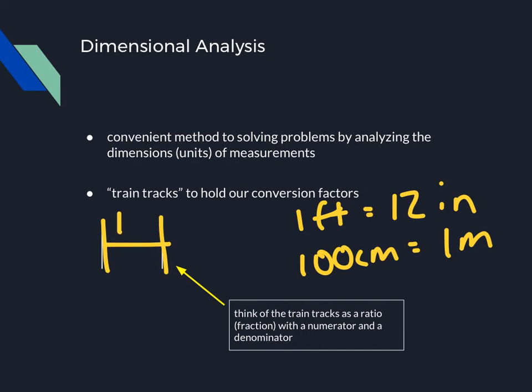I could put 1 foot on the top, 12 inches on the bottom, or I could switch it and put 12 inches on the top and 1 foot on the bottom. It just depends how I need it. And you will know that based on what units you're trying to get to.